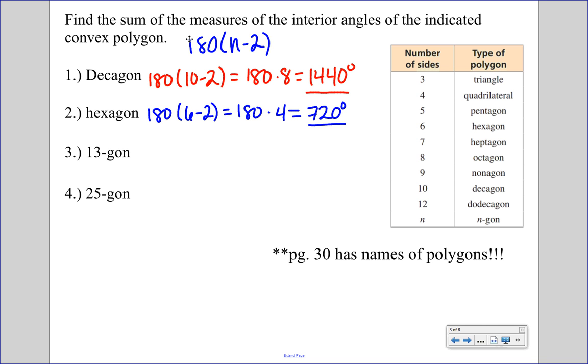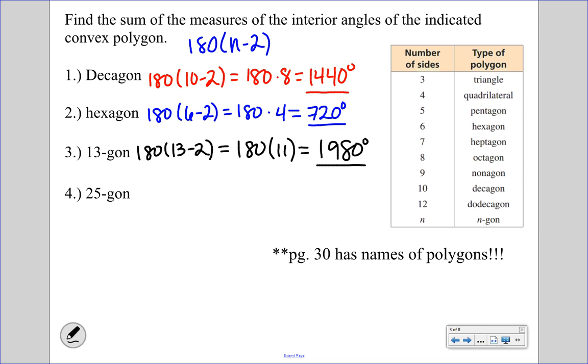Now anything above 12, they just call it the number of sides plus gon. 13-gon, 14-gon, 55-gon. So for a 13-gon, that means it has 13 sides. It's going to be 180 times 13 minus 2, which is 180 times 11, which is going to be 1,980 degrees.